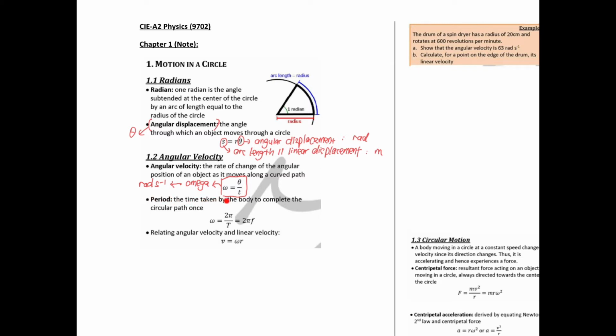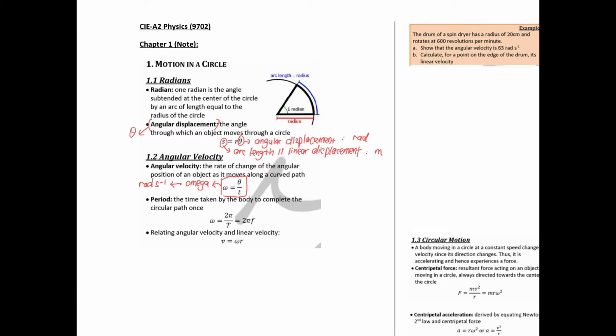Now we look at the next point, period. The time taken by the body to complete the circular path once. So it means to make one circle, how much time is spent. That is period.